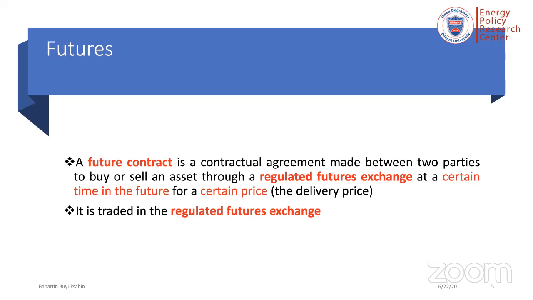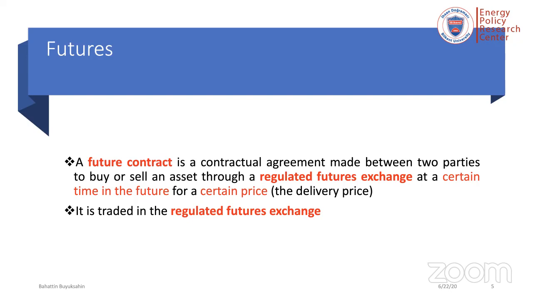Like a forward contract, a futures contract is a binding agreement. It's not the right to buy or sell. It is a binding agreement between a seller and a buyer to make, this is the seller, and to take, by delivery of the underlying commodity at a specified future date with agreed upon payment terms.